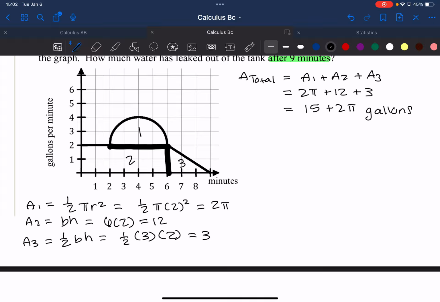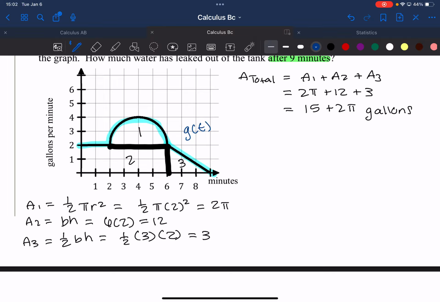If we were to take this and use integration, this is how it would look. Let's say that this entire function here, we're going to call that g of t.